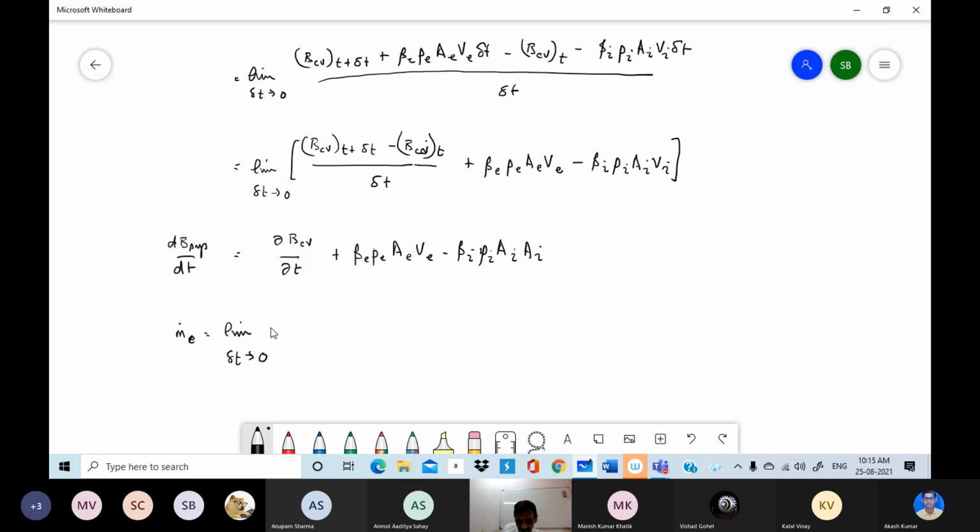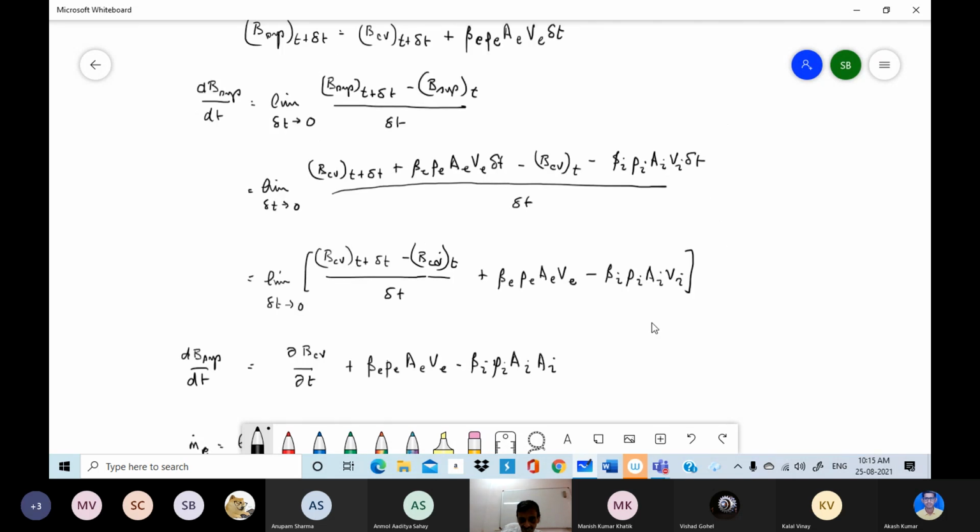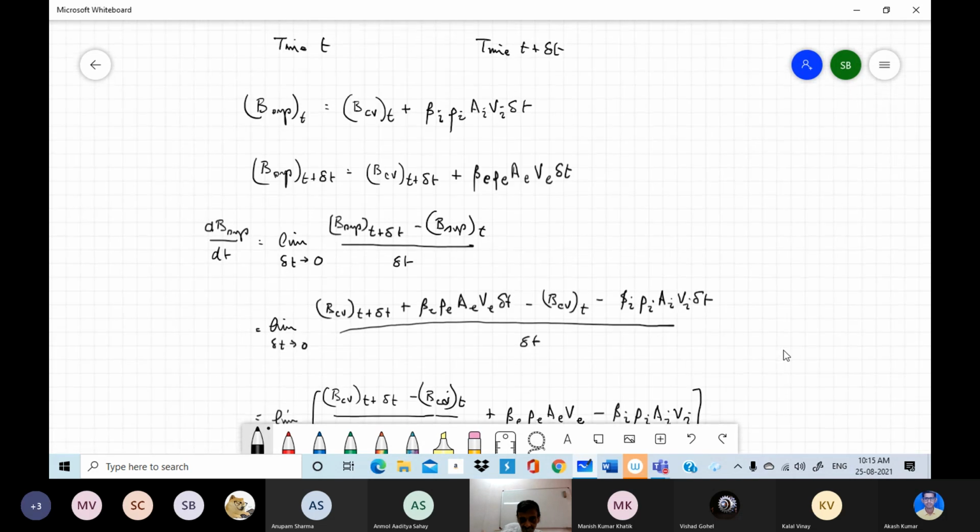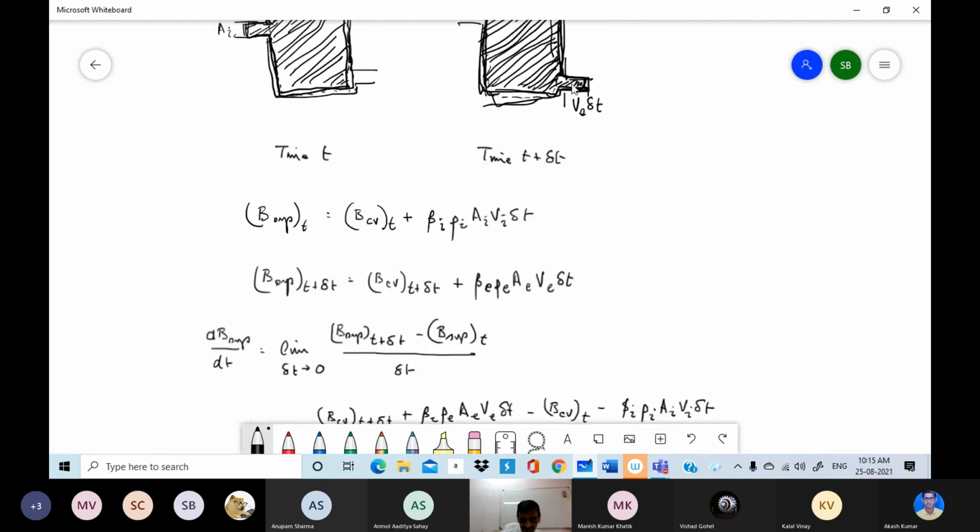The amount which flows out is the density into the volume which has flowed out. The volume which has flowed out was this volume. So that volume is Ae into Ve into delta t. Ae is the area and Ve delta t is the height.